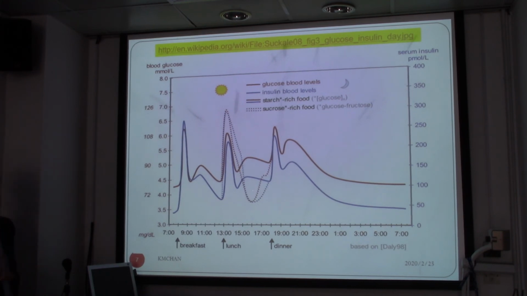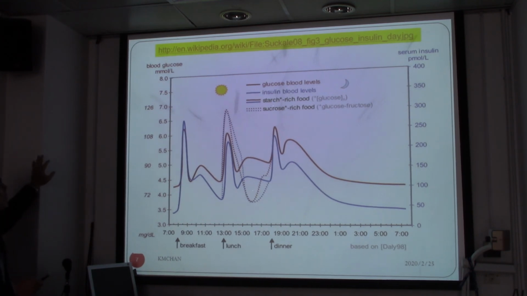Insulin is to facilitate glucose uptake. So the glucose level would drop, and then after lunch you have another surge. It also depends on the kind of food that you eat.